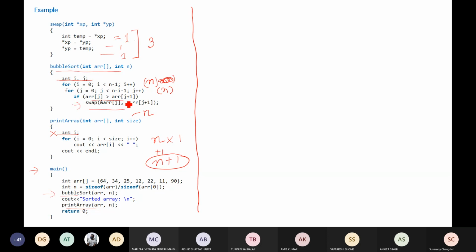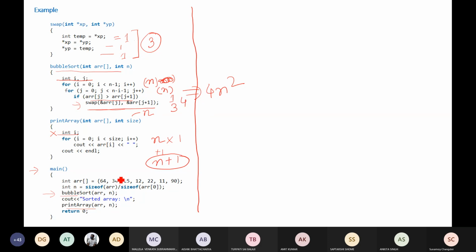If array is less than this, the conditional checking is 1. We can omit this, and swap. Swap again we consider 3. So 3 plus 1, 4, and it will execute for n cross n. So the time complexity of this bubble sort function is 4n square. Hope you have understood.